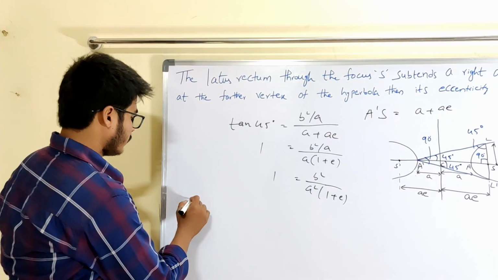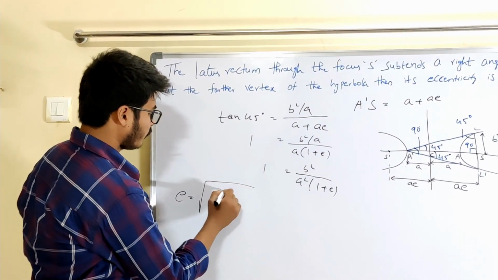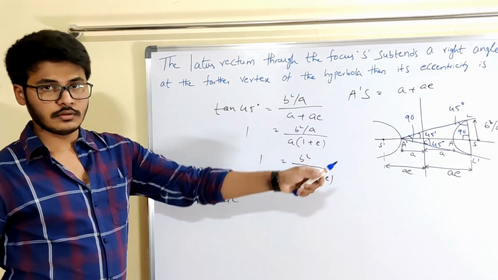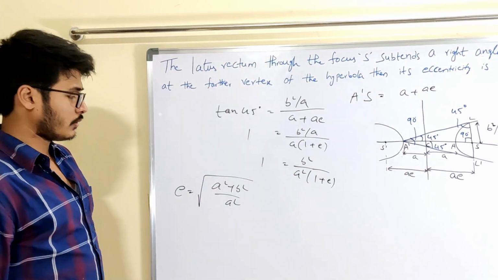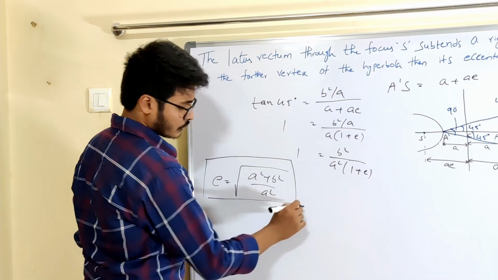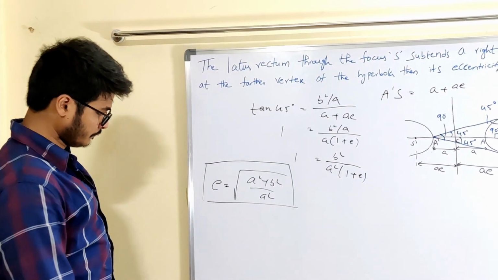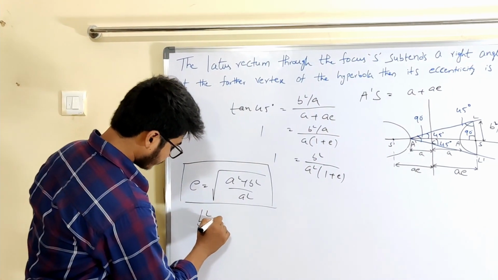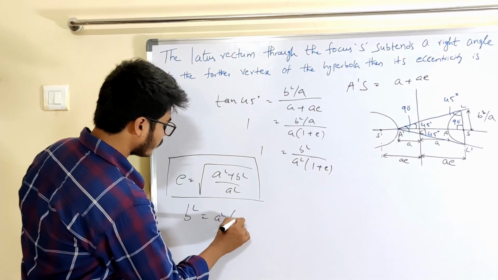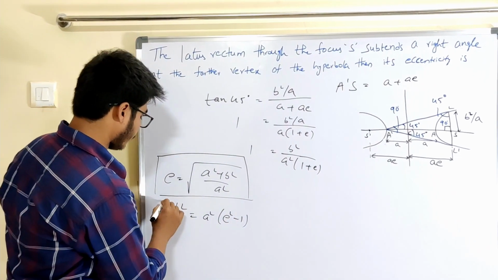And we know eccentricity for a hyperbola with major axis as x axis is given as e is equal to square root of a square plus b square by a square. From here, b square can be written as b square is equal to a square into e square minus 1.